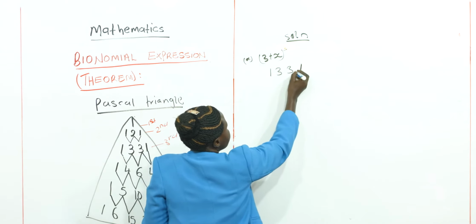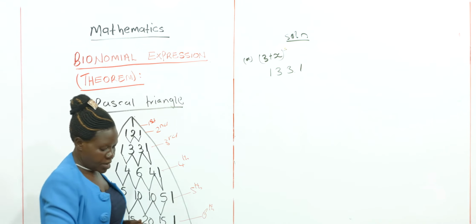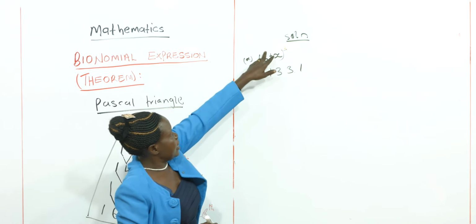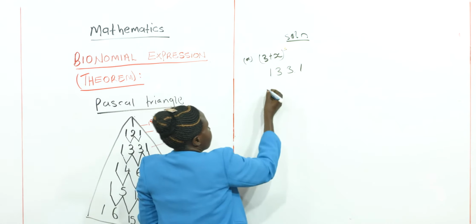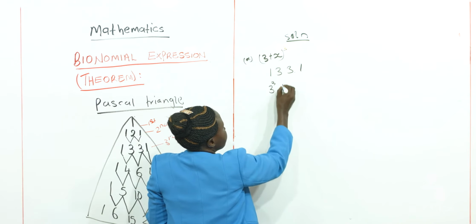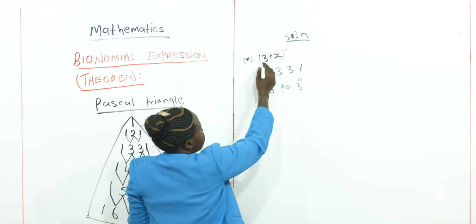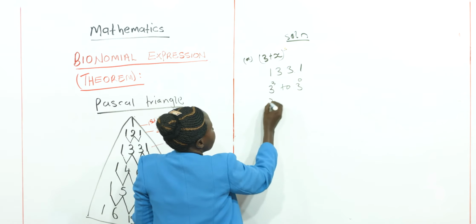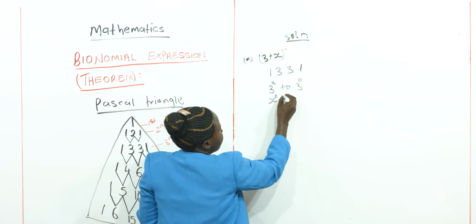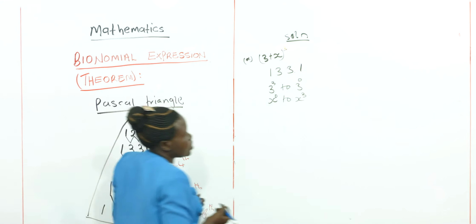So after that, then we are going to insert the decreasing power of 3. So decrease 3 from power 3 to power 0. And then later on you will increase x from power 0 to power 3. So that is what we are supposed to do.